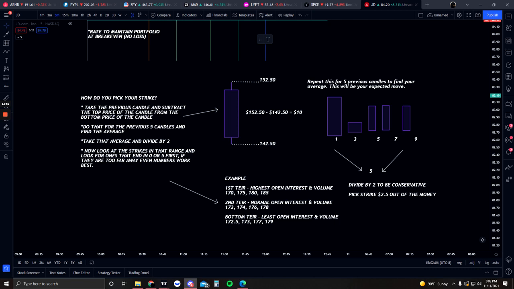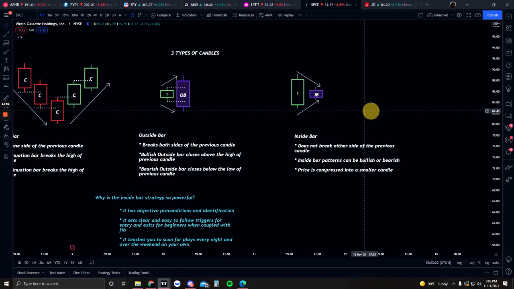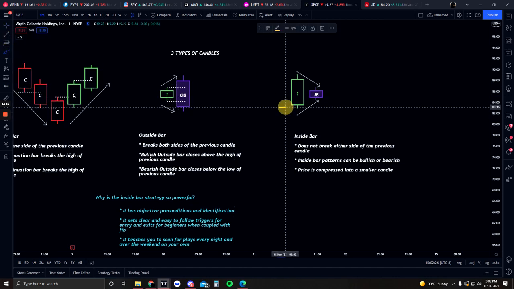Yeah, so ideally you want the mother bar, which is the previous candle, to be a lot bigger. If you're ranking inside bar setups, you usually want a mother bar that's a lot bigger because there's more compression. The analogy I gave was like a spring, a little coil, right?